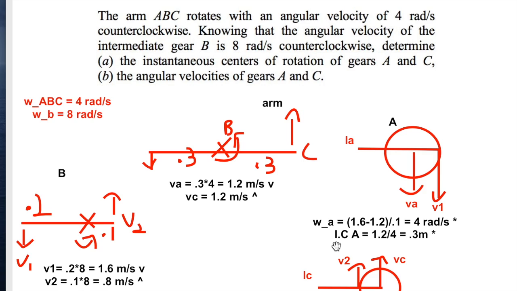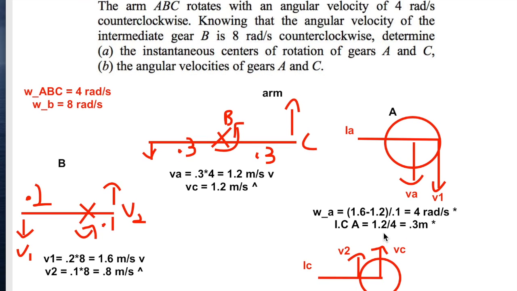And then we can also find that the instantaneous center for A is the 1.2 here. So this 1.2 divided by 4, the 4 radians we found up above, and we get 0.3 meters.